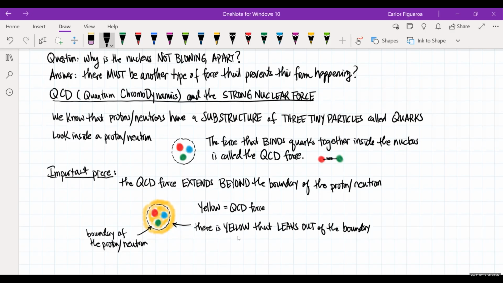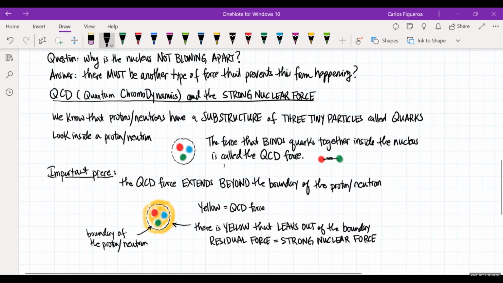Okay, it leaks out. And so what we say is that this leaking out is a residual force. And this residual force is called the strong nuclear force.